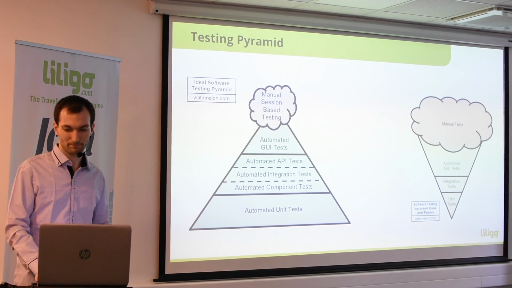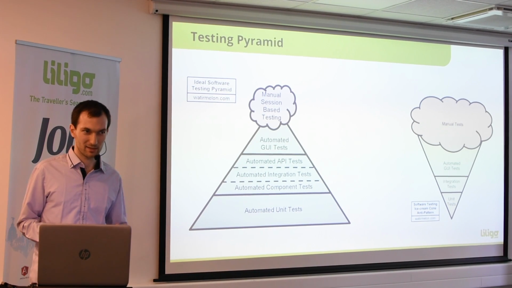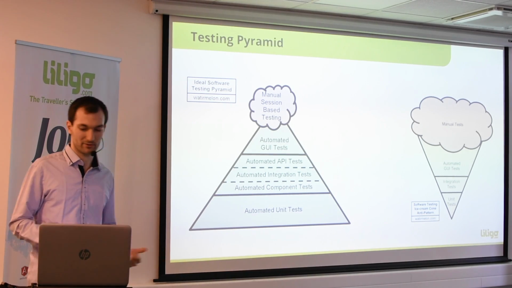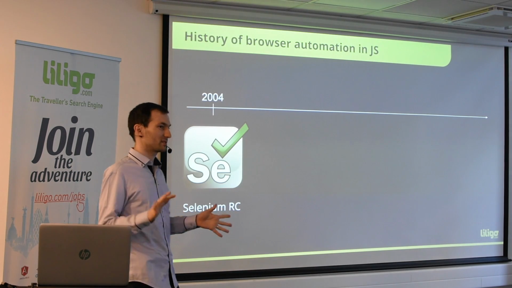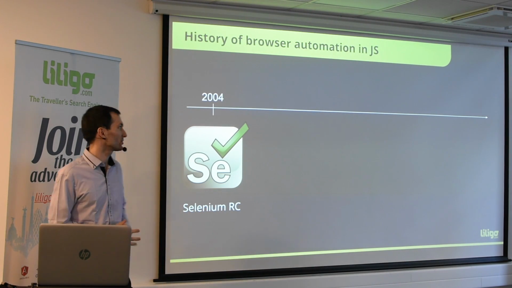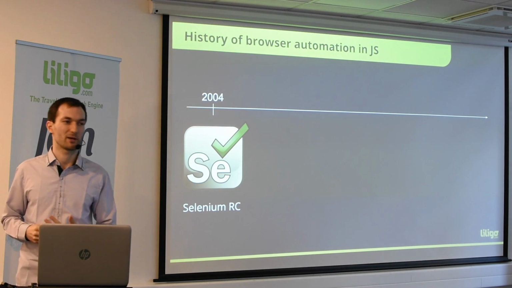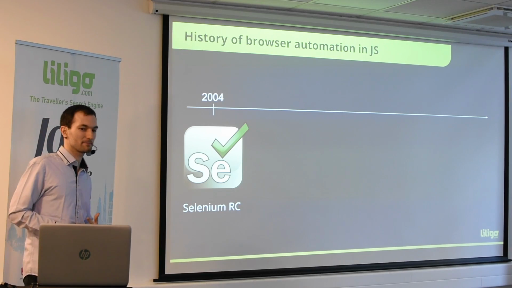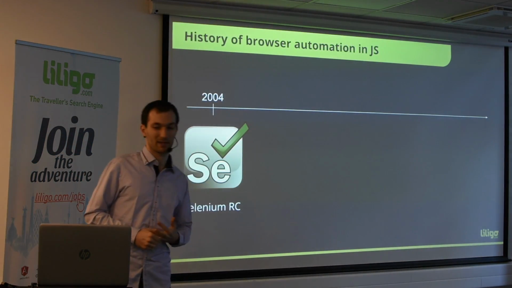So, in the next step, let's take a look at what tools we have had historically to automate the browser, focusing mostly on the JavaScript ecosystem. One of the first tools that let you automate the browser was created by a company named ThoughtWorks, and it got its name after a joke, actually.